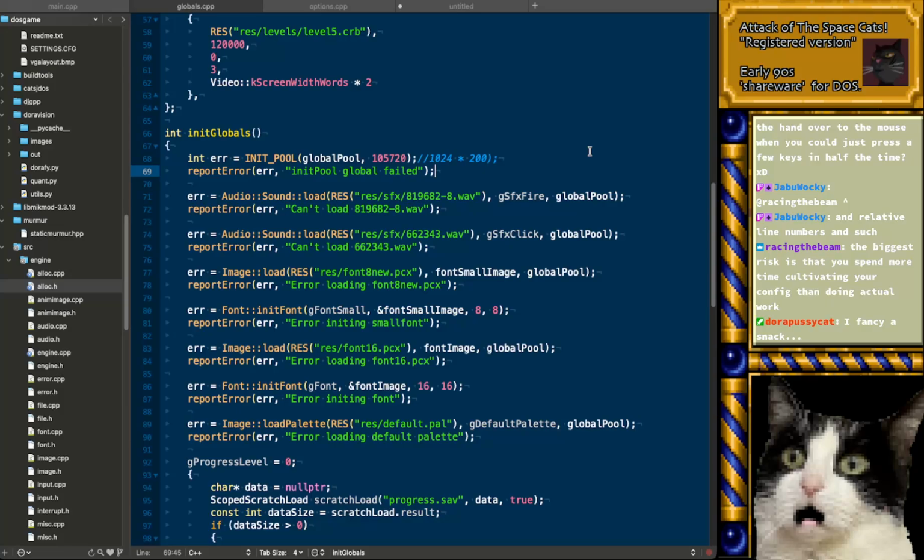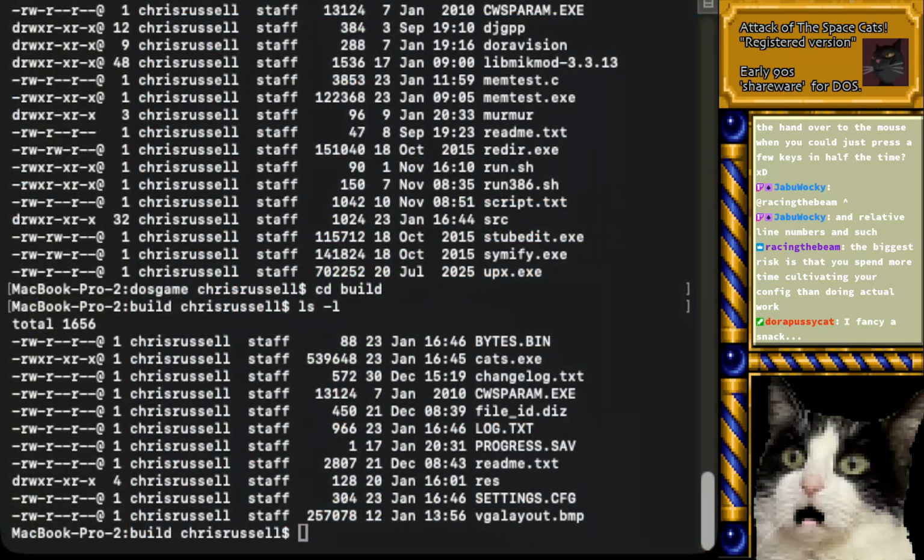I can't remember if I left. No, I didn't. I'd like to switch that back on again because I think it's just neater, regardless of whether we need it or not. And then rebuild that.